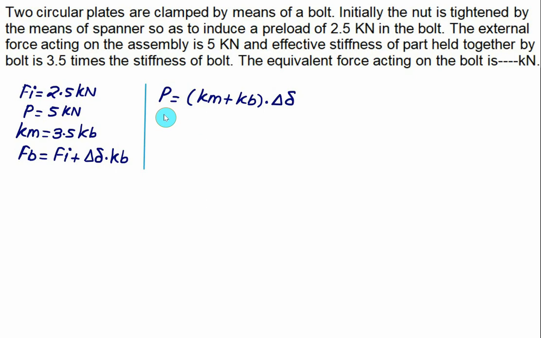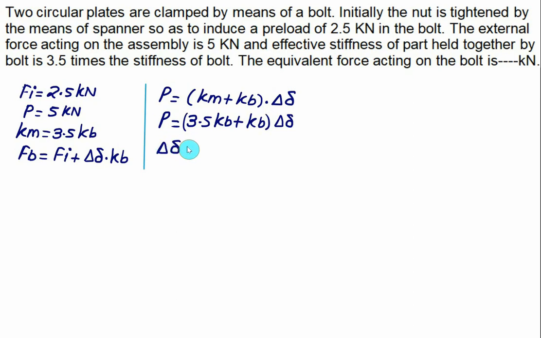We have value of P is given as 5, and we have relation between Km and Kb. So first of all, we'll solve for P. We have Km equal to 3.5 times Kb plus Kb multiplied by delta. From this we can solve for delta.